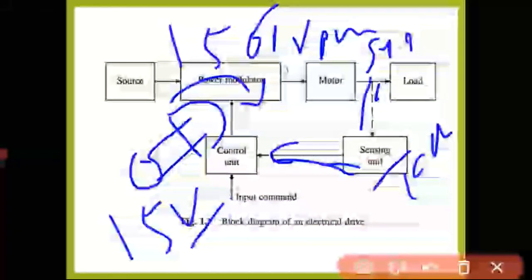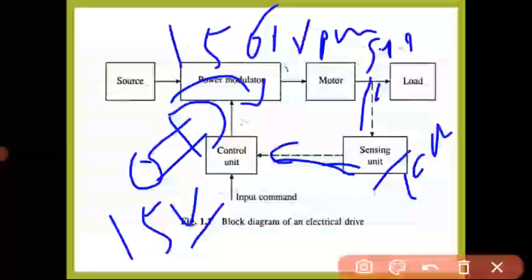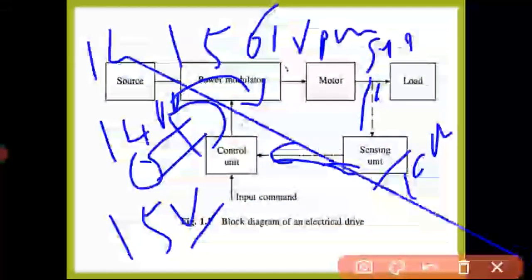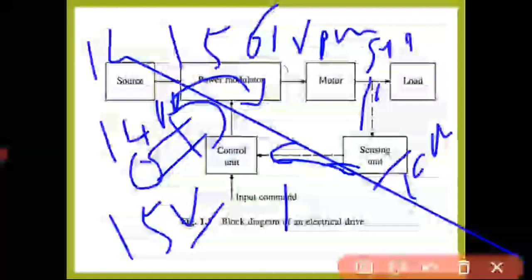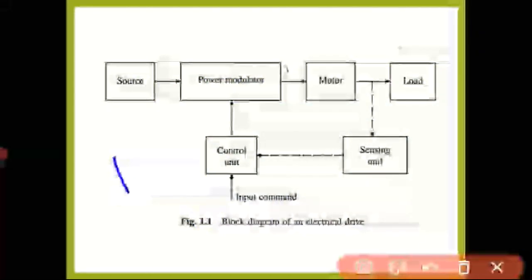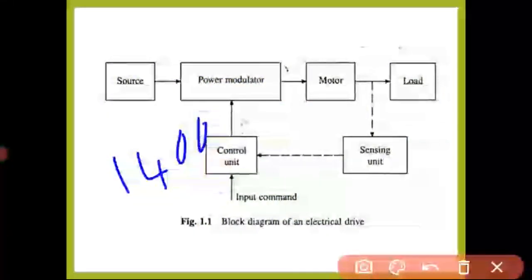If the rpm is reduced due to the applied load, and the rpm becomes 1480 or 1400, take 1400, imagine 1400. What is the tacho generator voltage?